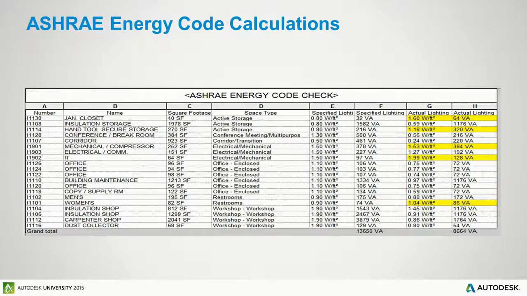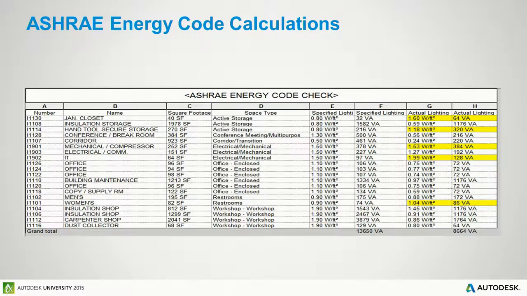So all we do is we add the parameters that are already in there, specified lighting allowance, or specified watts per square foot, and specified wattage. Those are parameters that are already in there, and so we add those in, and then we add the same thing of actual lighting wattage and actual lighting wattage per square foot.